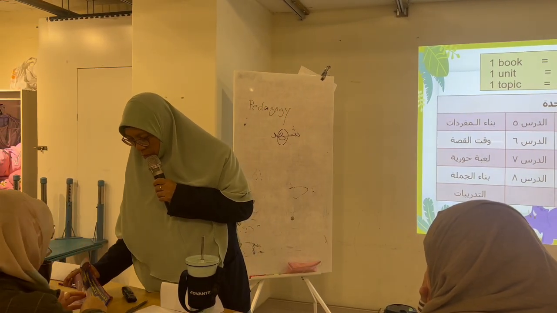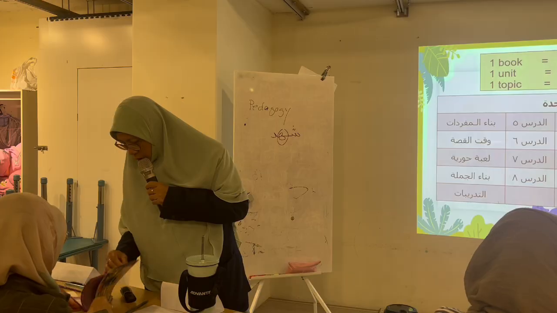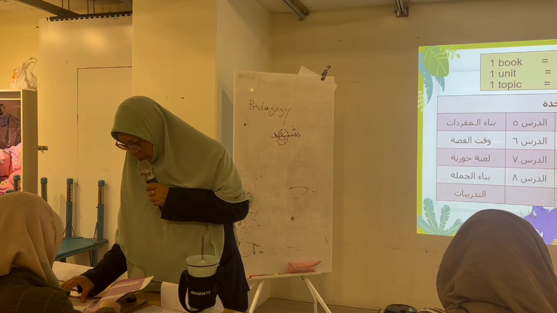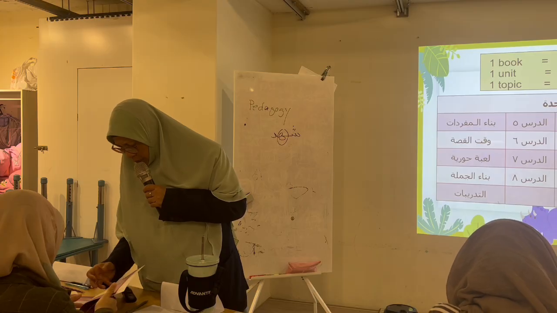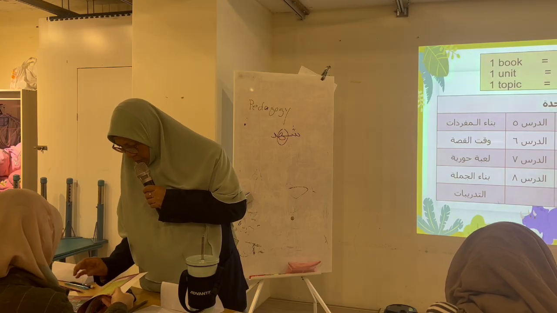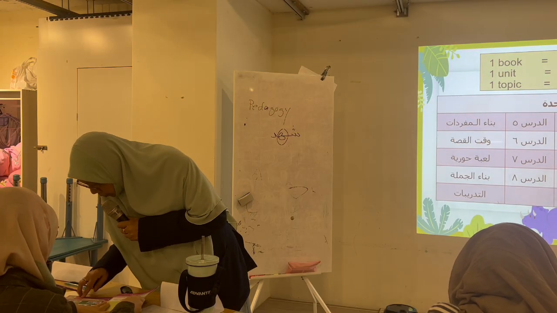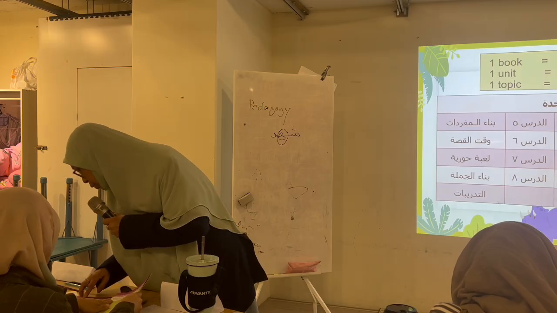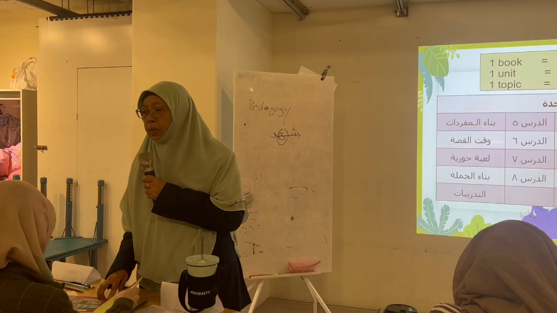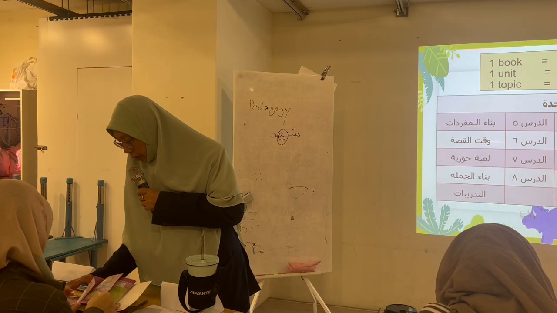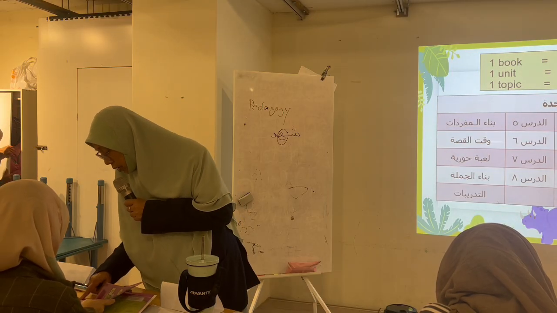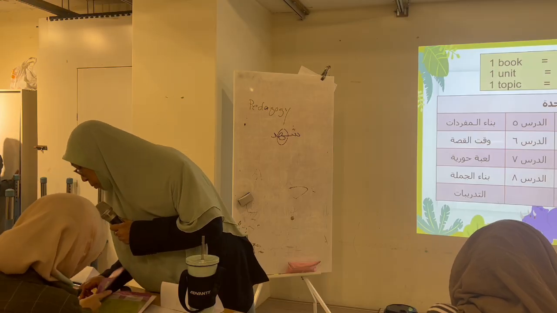book 2. Okay, book 2. You see the topics here. Afrad al-Usra, family members. And then there's another one, Wajibat al-Yawmiyah.